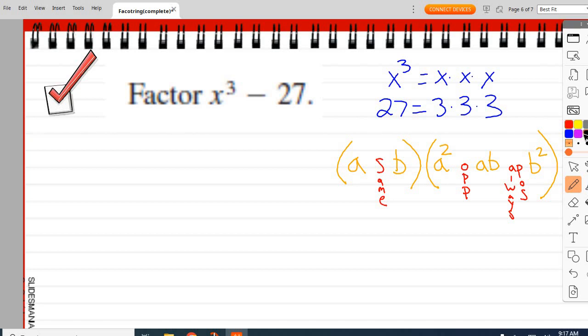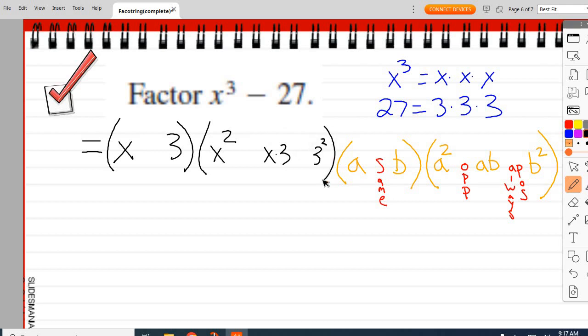So in this case, my A is going to be my X, and my B is going to be my 3. So we have A minus B, and then A squared is going to be X squared, A B is X times 3, B squared is 9.